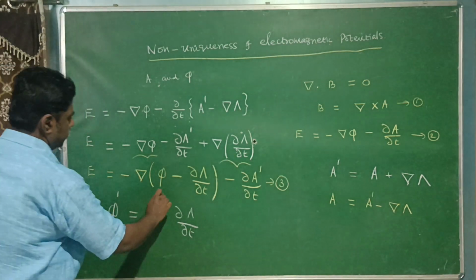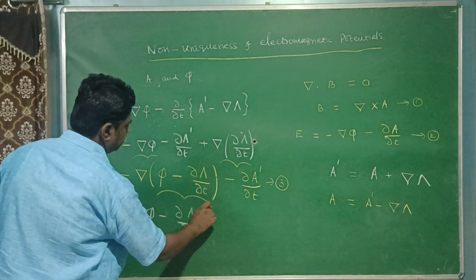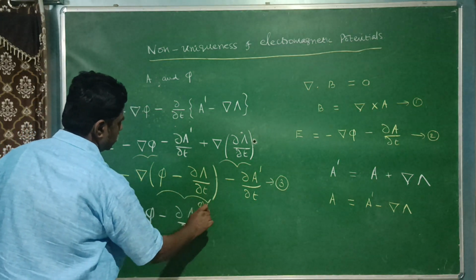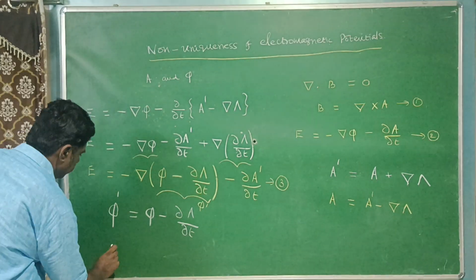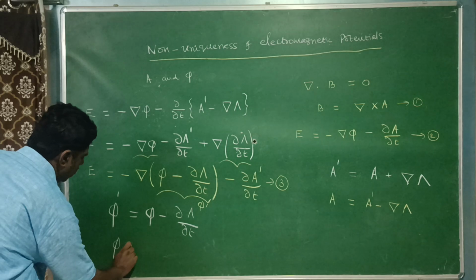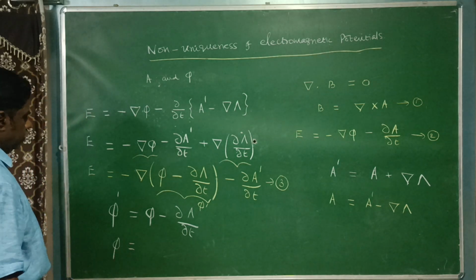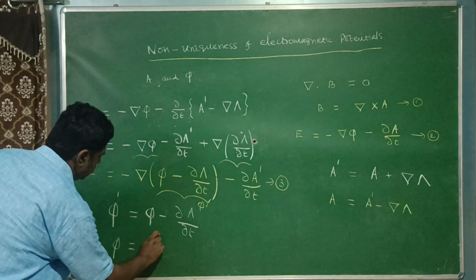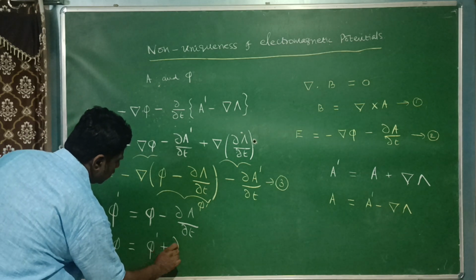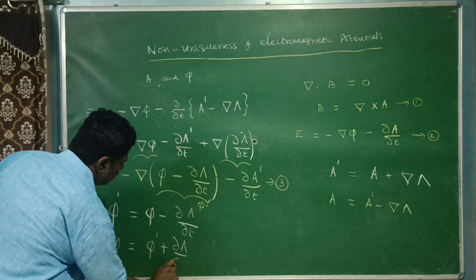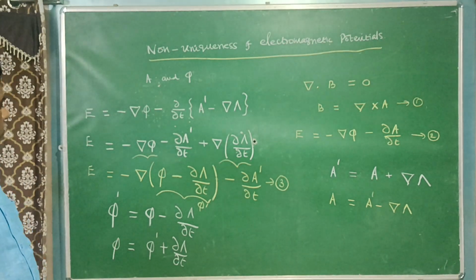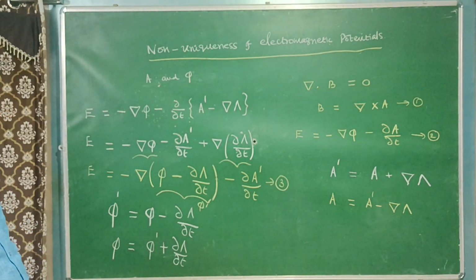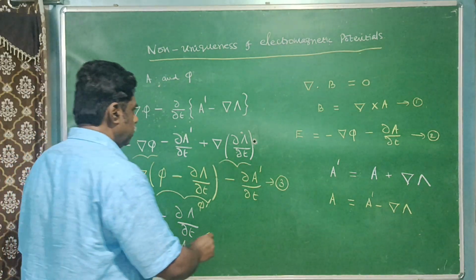This is our phi dash. From this we can write phi equal to phi dash plus dou lambda by dou t. This is our phi.